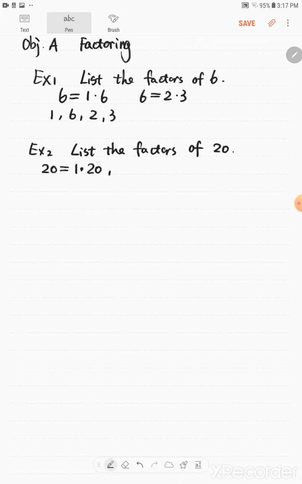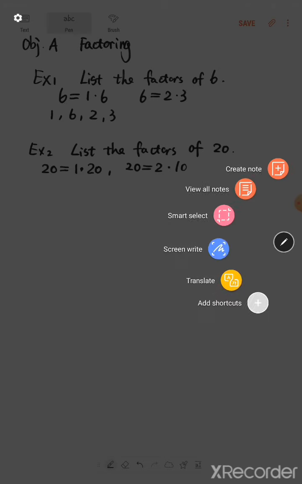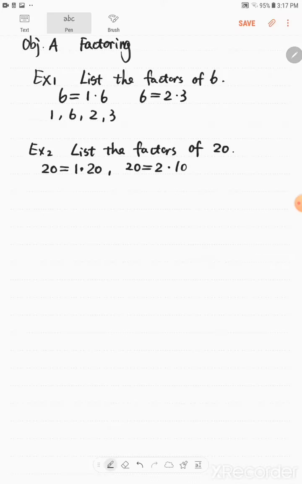Of course, 20 can also be written as 2 times 10. And 20 equals 4 times 5.